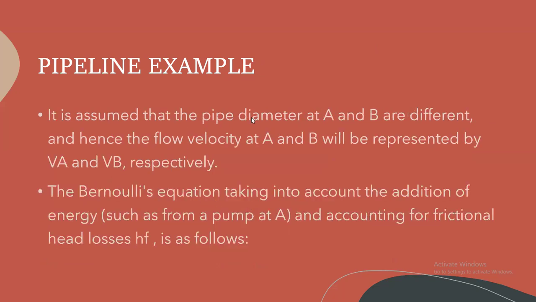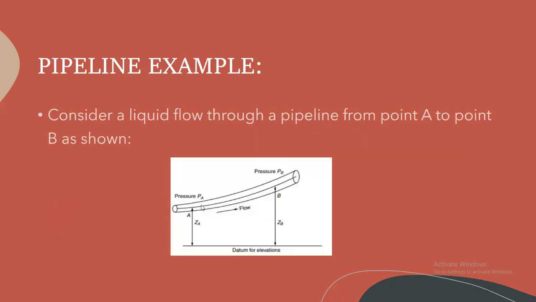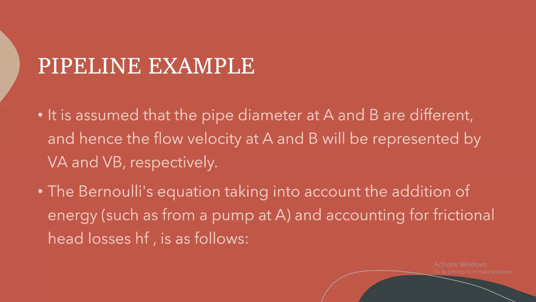It is assumed that the pipe diameters at A and B are different, so the velocities are different. Otherwise, if it's of the same diameter, the velocity will be the same, right? And hence the flow velocity at A and B will be represented by VA and VB respectively.